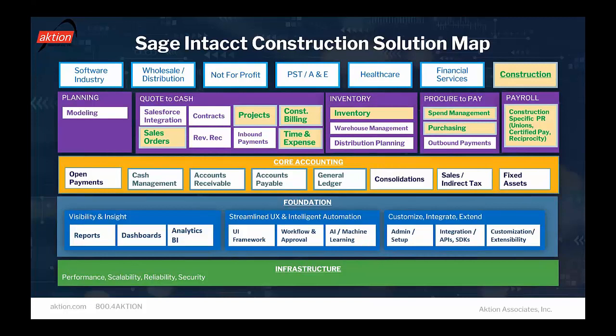But when they made that acquisition, Sage really wanted to enhance the features for its customer base, to give them the option to go to something that is a cloud-based platform. And so when we're looking at the screen, you can see that there are a lot of different capabilities within Intacct, but the ones that have the little green lettering are systems that already existed inside Intacct, but they were enhanced with that acquisition to tailor around the construction and real estate marketplace.